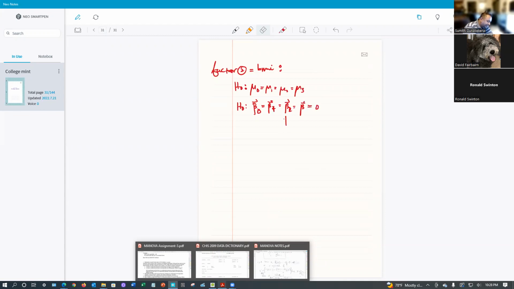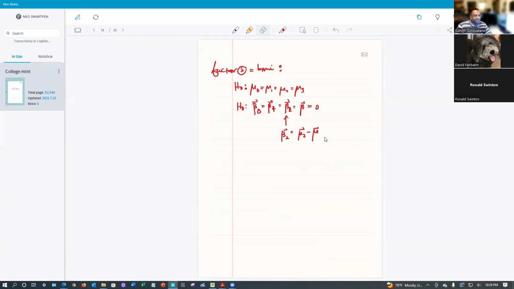That's the effect. This is nothing but, let's say beta 2 hat is nothing but mu 2 under BMI. For the BMI, you're going to subtract the BMI grand mean from the mu 2.